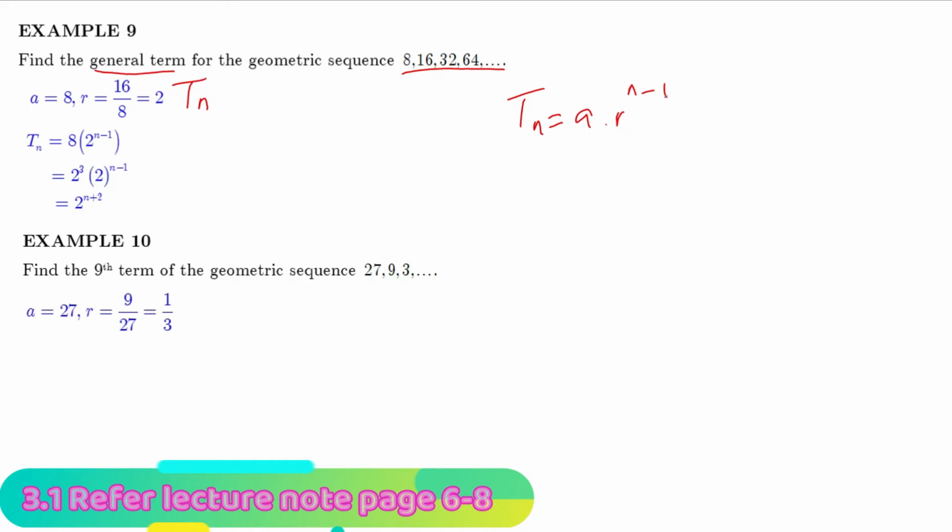As previously, we have to use the Tn formula, but this time you have to substitute in our n equals 9. And with A and R, as we find here, to get 27 times 1 over 3 to power 9 minus 1, which is equal to 1 over 243. And we are done.